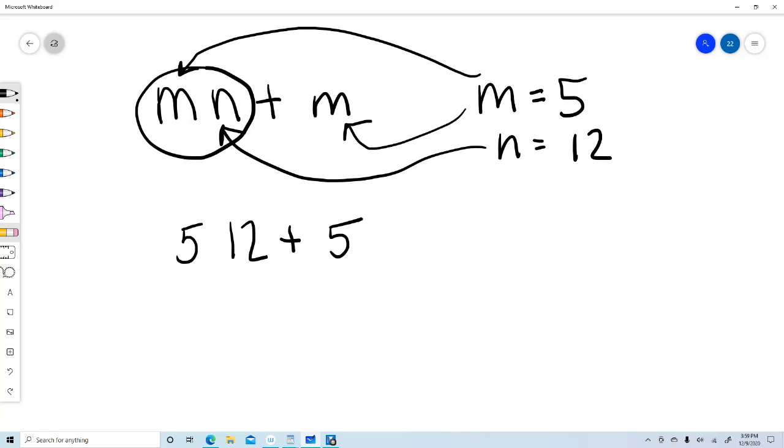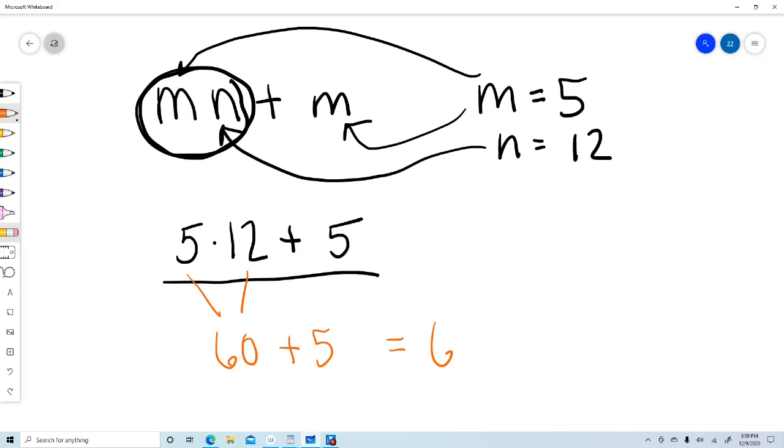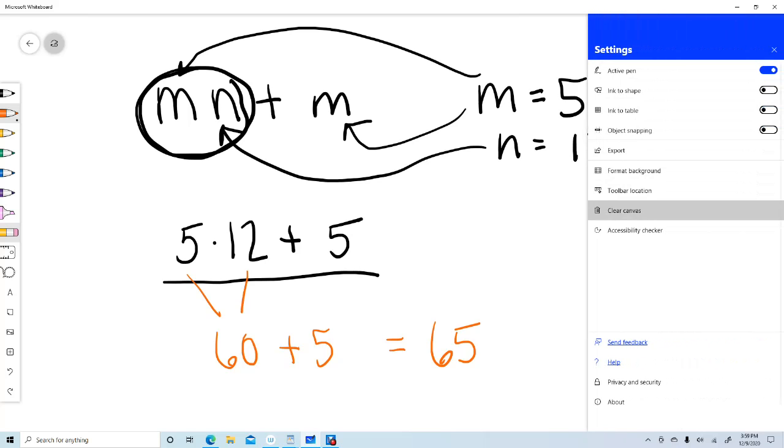When I have two variables next to each other, that implies multiplication. There we have it. There's my equation: 5 times 12 plus 5. We're going to do our multiplication here. That's 60. I'm going to add 5 to it, and that evaluates to 65. I just wanted to do one of those quickly because I didn't do that for you in my review, but I was hoping it wouldn't confuse you guys too badly.